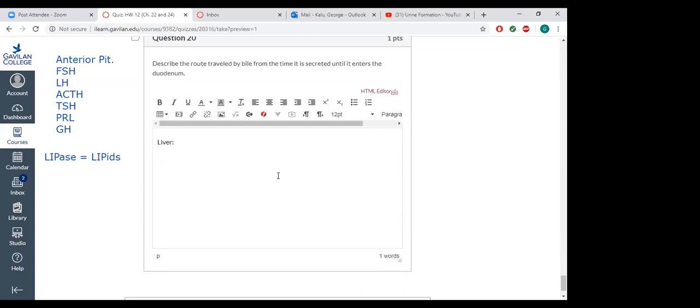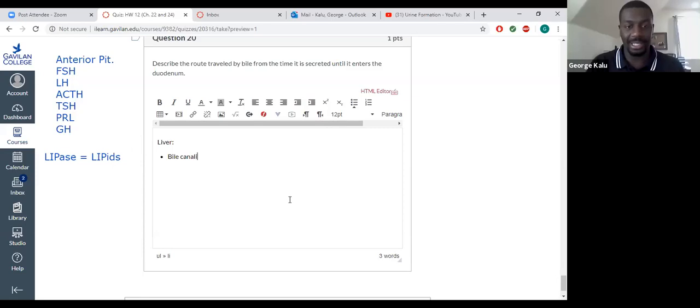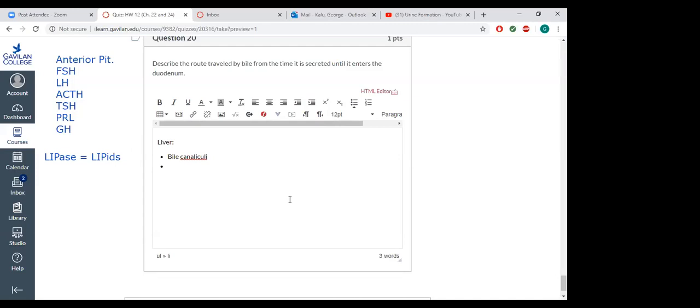It's collected by the bile canaliculi. Okay, and then from the bile canaliculi, they're going to move into the what? The bile ductules.